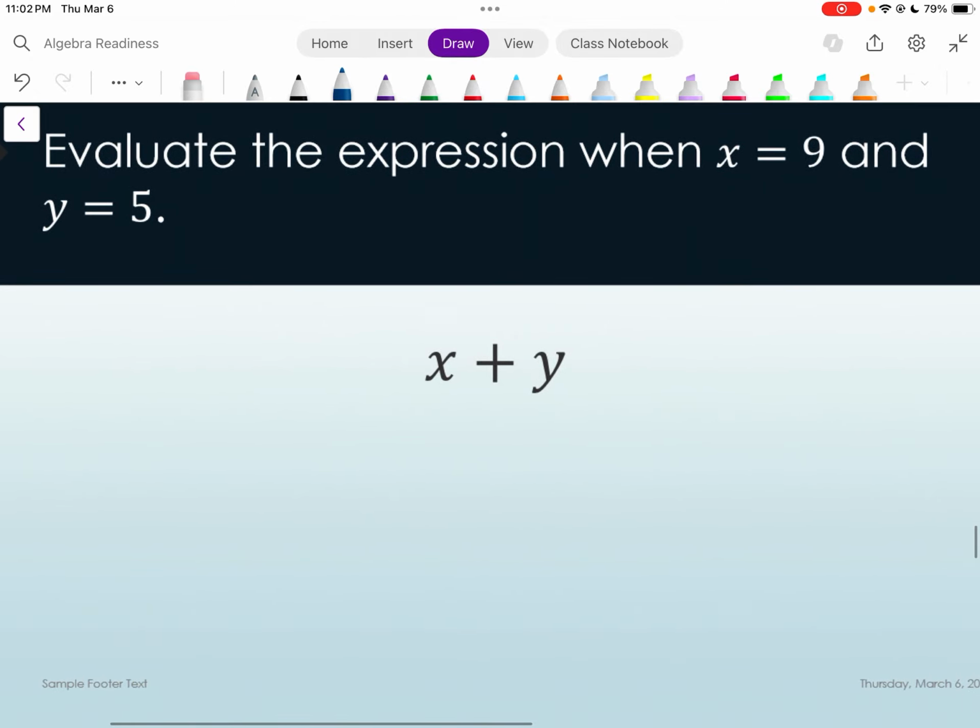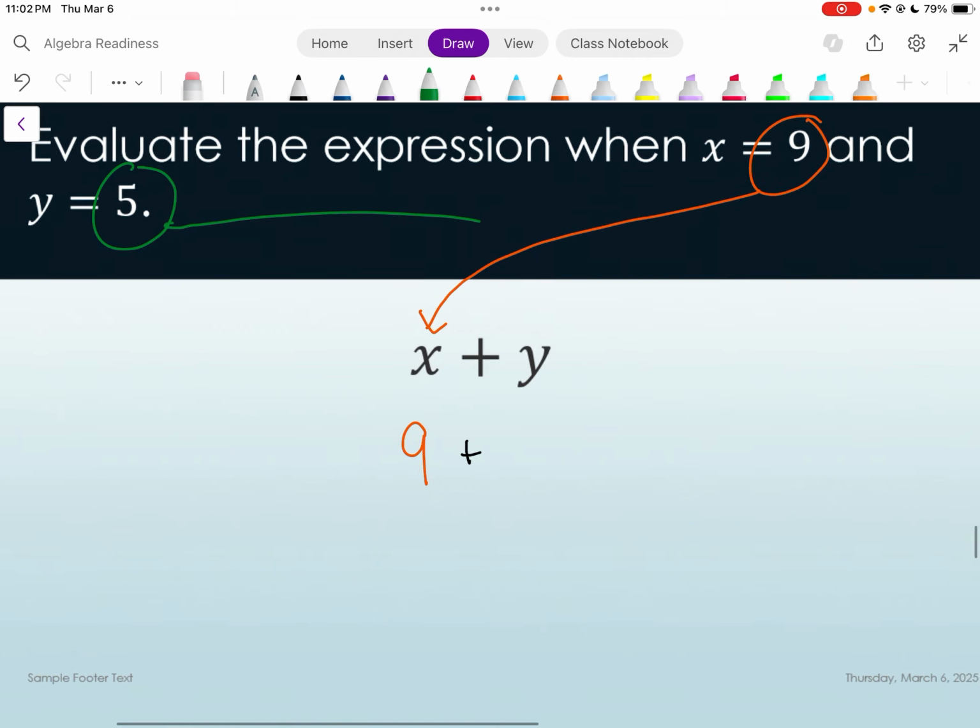All right, our next one, evaluate the expression when x equals 9 and y equals 5. For some problems, you're going to have more than one variable, so you have to make sure you're keeping track of the variable and the number it is equal to. In this one, x is 9, so we're going to replace that x with a 9. Then y is 5.